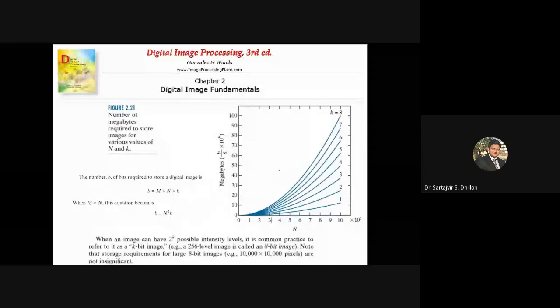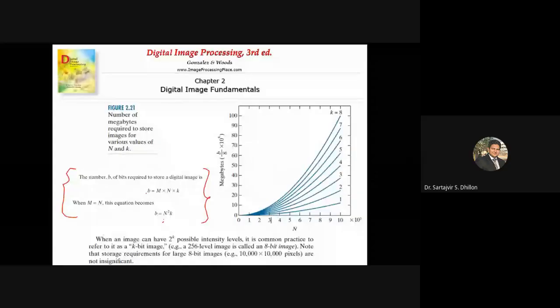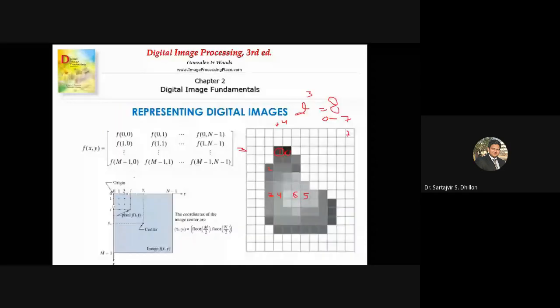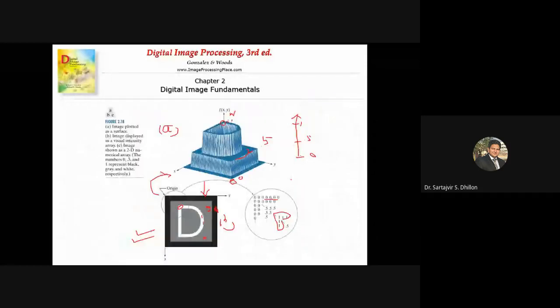In this slide I have added this equation so that you can recognize what M and N are. Please note that M and N means M into N, that is, the image is formed as M columns into N rows.